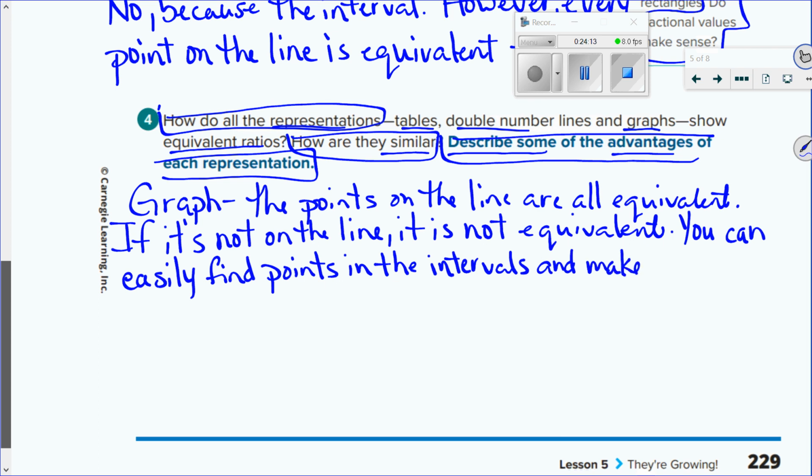So I can extend the line to figure out other equivalent ratios that aren't already listed. So please write that down. Again, this is probably the most important part of the entire lesson for today, so you need to make sure you have this.